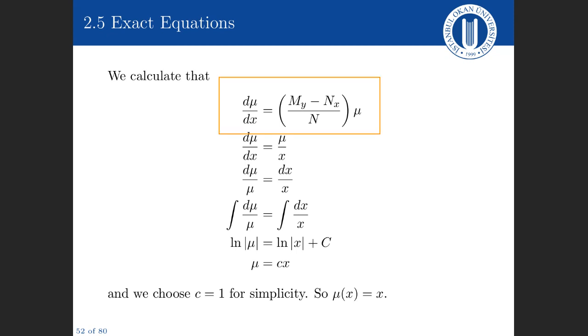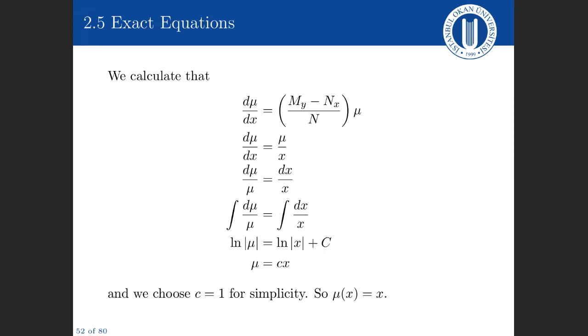Our differential equation, which you will be remembering or writing down for an exam, d mu dx is equal to (my minus nx) over n, times mu. For us, this is just d mu dx is equal to mu divided by x. This is a separable differential equation, and you know how to solve this.